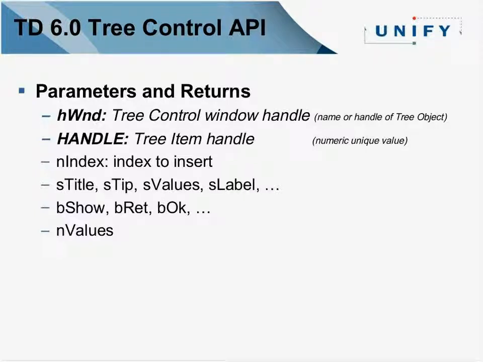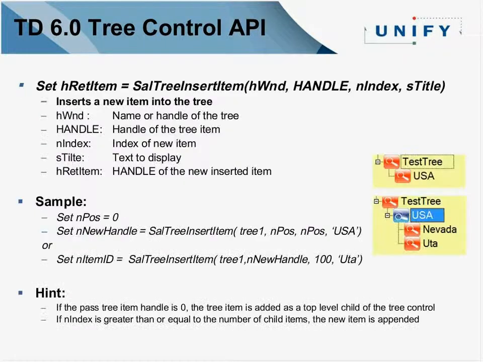We have a few other parameters in the list, sometimes an index, a title, a tip, whatever, as you will see later on with some samples. First of all, if you want to insert a tree item, then you have to call tree insert item. The first parameter is the name of the tree or the handle of the tree.